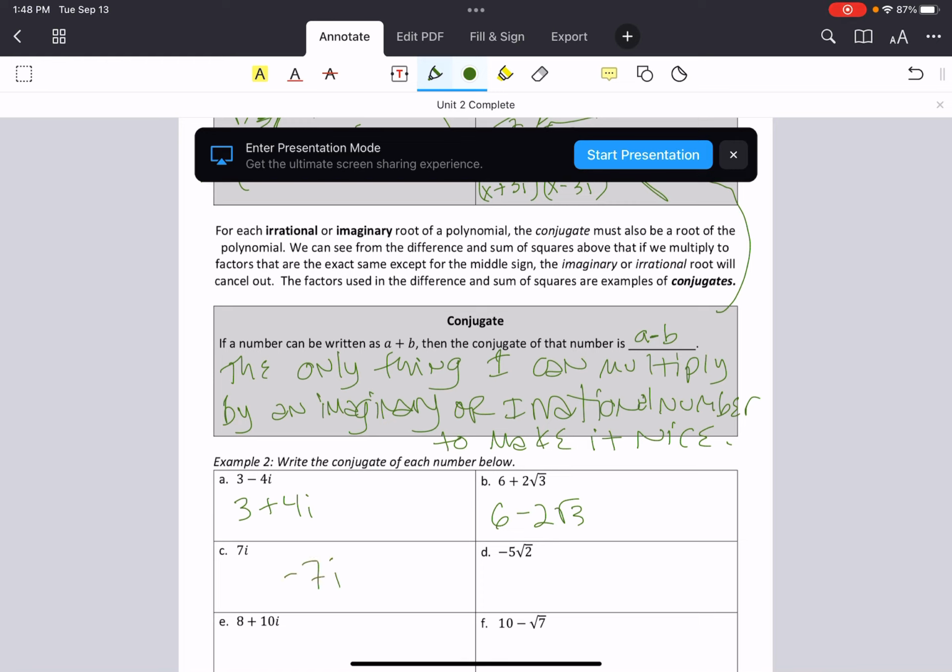Try D, E, and F real quick while I write something out to show you. I don't care if you write on your paper or not, I just want to show you.